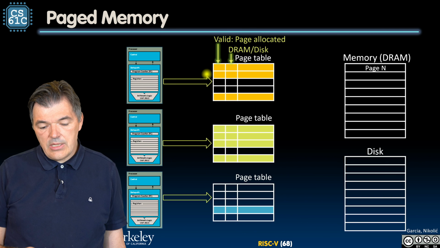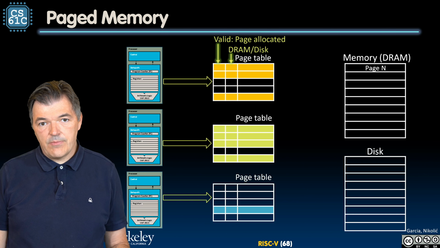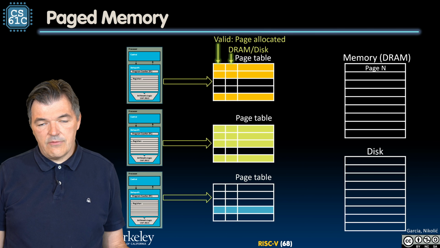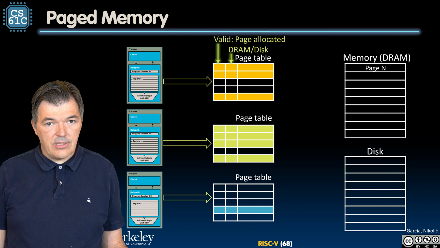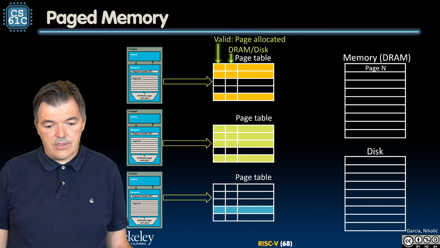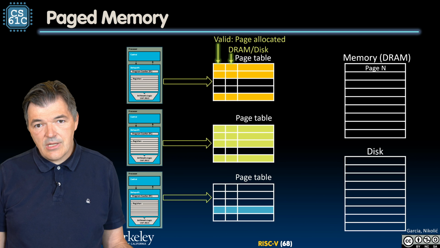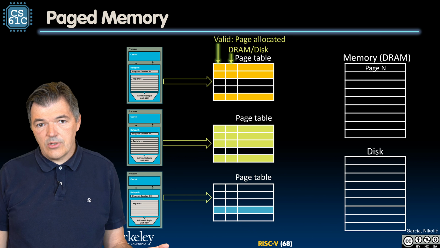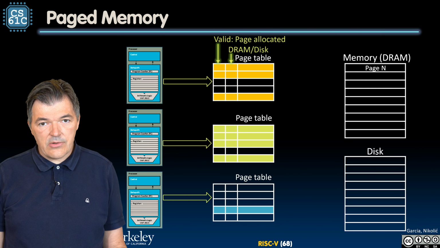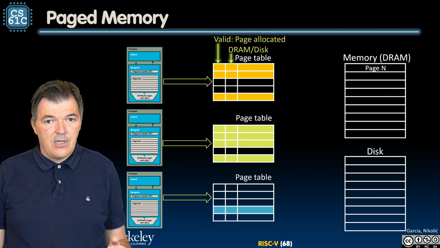Now, in addition to these references to the DRAM or the disk, there are some status bits associated with each page table entry. We have seen that we need a valid bit, whether the page is allocated, whether it exists. But we also see that there is a need for another one. We need to know whether that page is in DRAM or is on the disk.